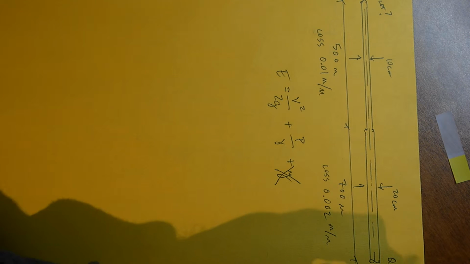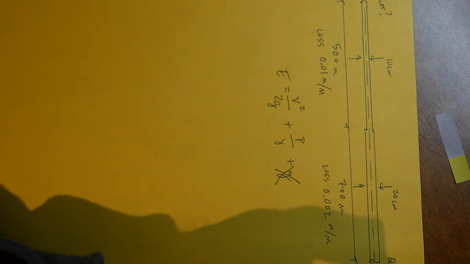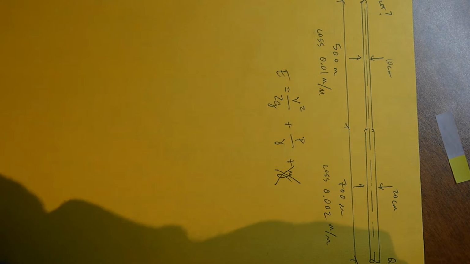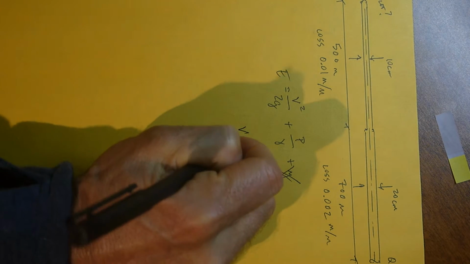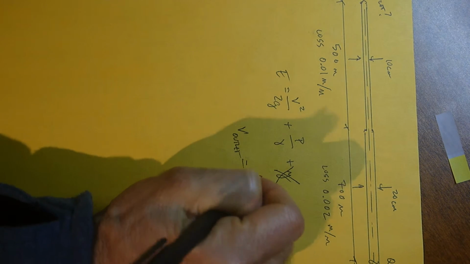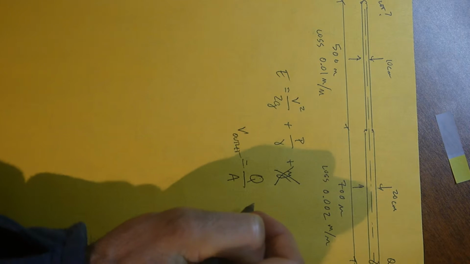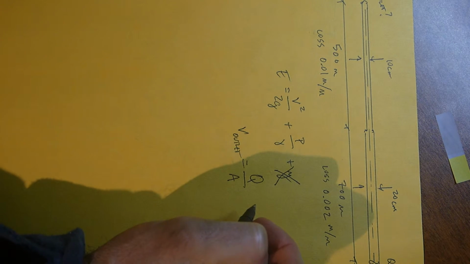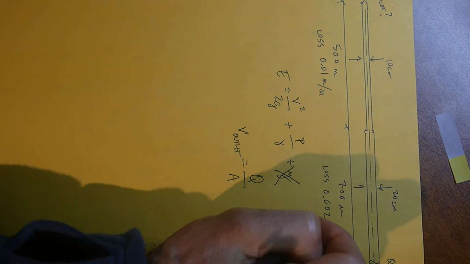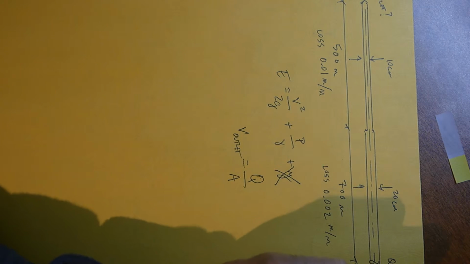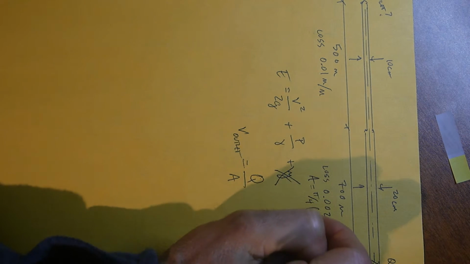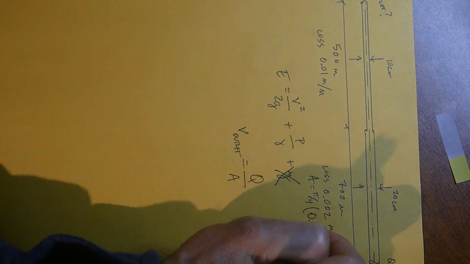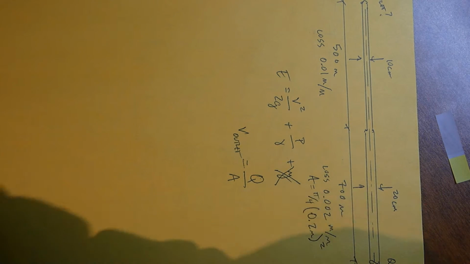We can figure out the velocity as it's exiting, which is Q over A. So V outlet is Q over A. A for this section of the pipe is pi over 4 times 0.2 meters squared.